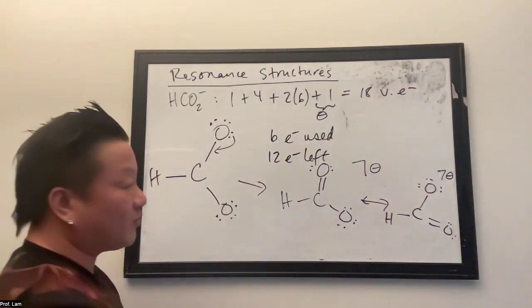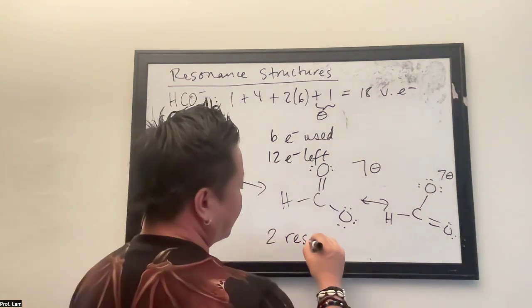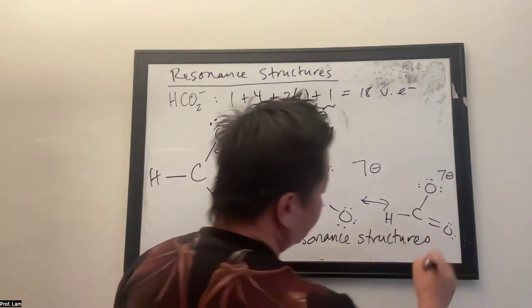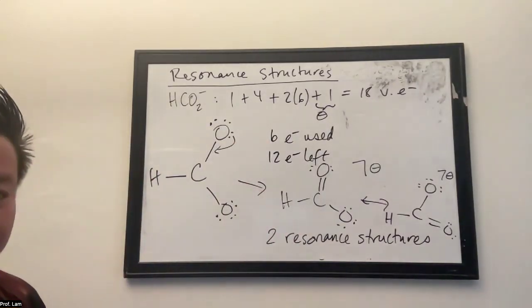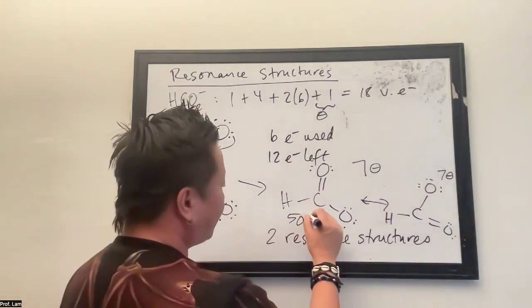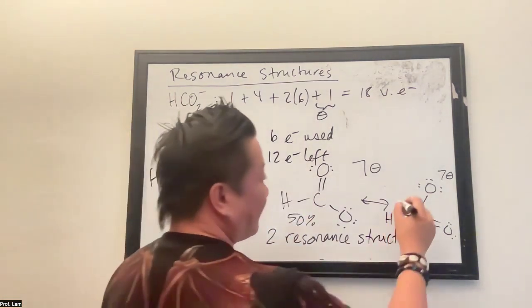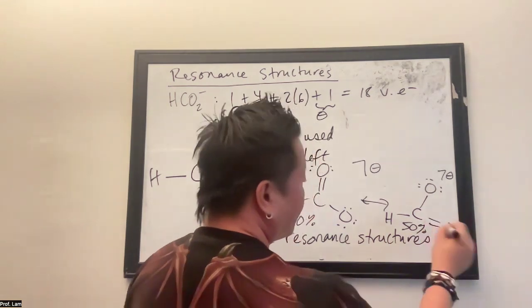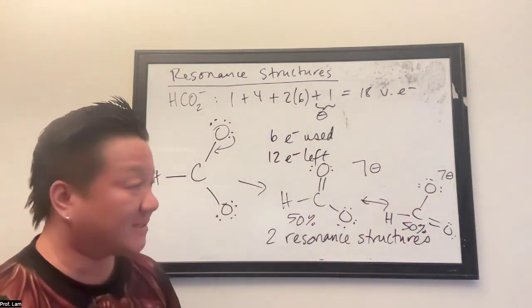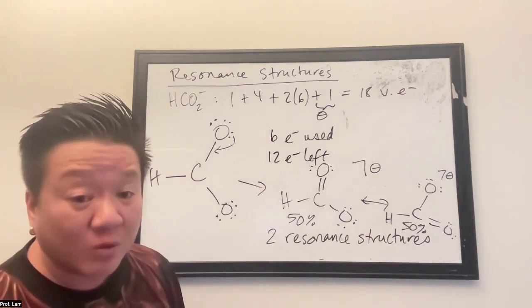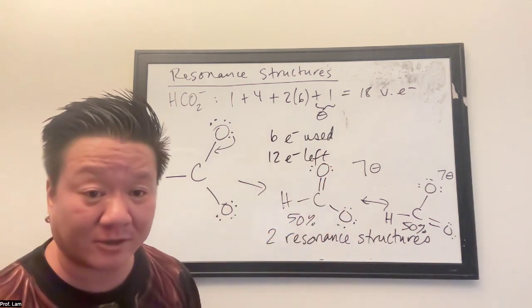Okay. So what do we have here? 2 resonance structures, right? So what does that mean? 50% of the time, your double bond is here, right? 50% of the time, your double bond's here, right? And what that means is that the electron is spending its time equally between the 2 oxygens.